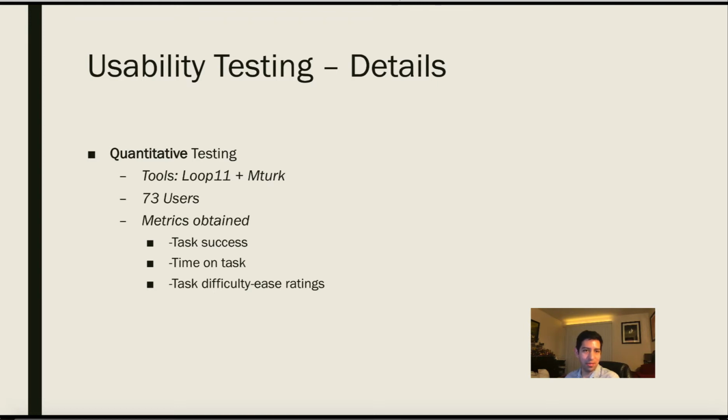So for the quantitative testing, I used Loop 11 and mTurk. Loop 11 is a platform to create and conduct a usability test, and mTurk is a platform to request people to take your test. I had 73 users in my test, and the metrics I obtained were task success, time on task, and task difficulty ease ratings.